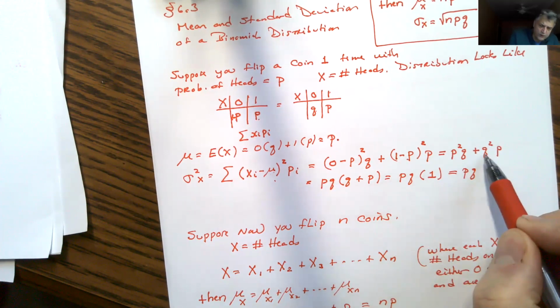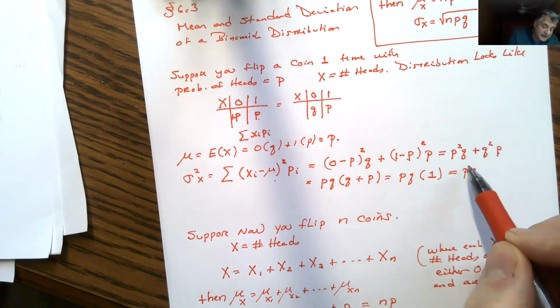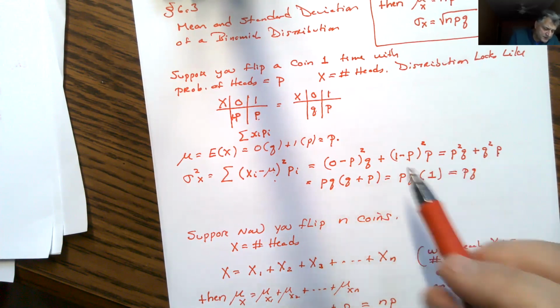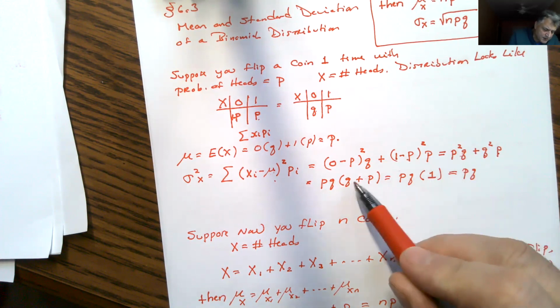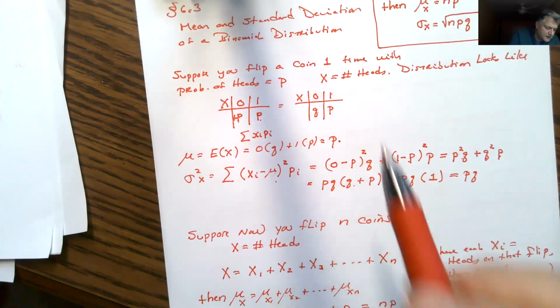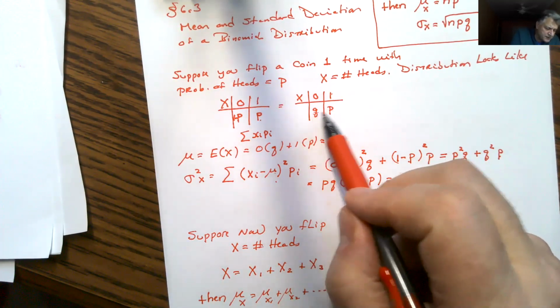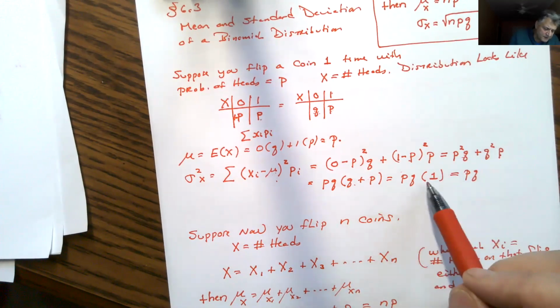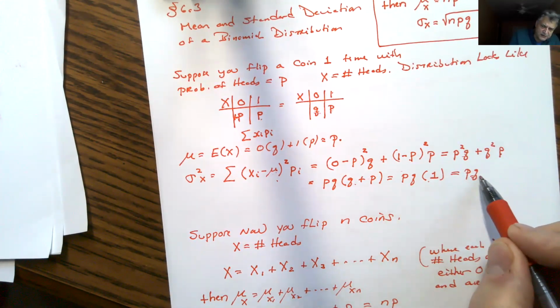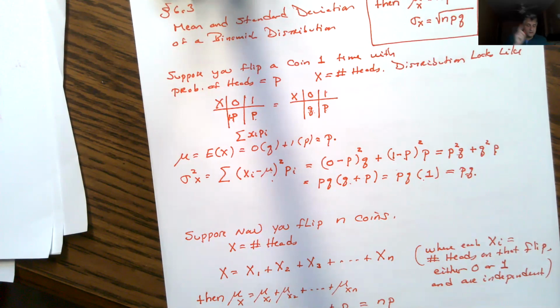So this is q squared p. I can factor out a pq from each of these. I'm left with q plus p. But notice that q plus p equals 1. So this is pq. So that's if you're flipping one coin, the variance is pq.